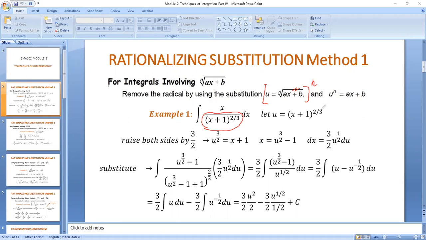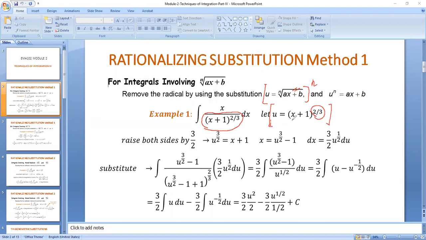Okay? After that, just like what we have done in the general procedure, you want to get rid of this 2/3. So in your algebra, how do you get rid of a rational exponent? You raise it to the reciprocal of that particular rational exponent.